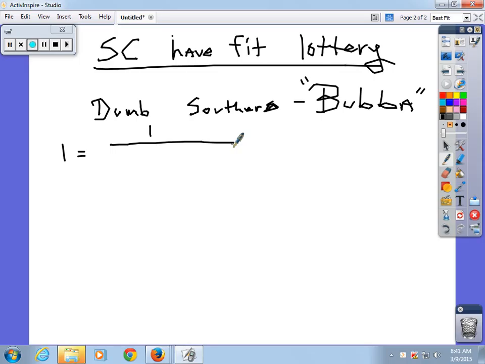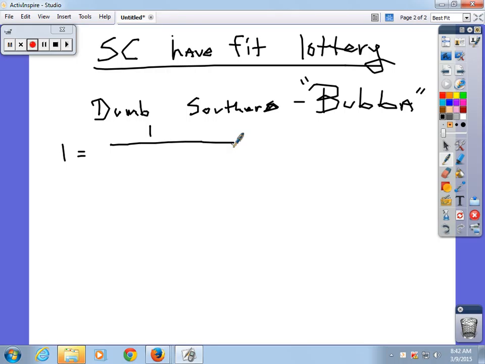So if you don't put that 1 there, the answer is totally wrong. And on the bottom, we're going to put the formula for a combination. What is the formula for the combination?